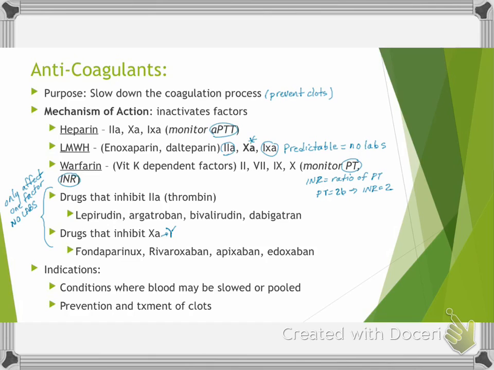Okay, so indications. Why do we need anticoagulants? Well, any condition where blood may be pooled or slowed down. So we're going to buy time. Gives us time to not start clotting. Okay, so conditions would be like when you're sitting for a long time, when you're on bed rest.